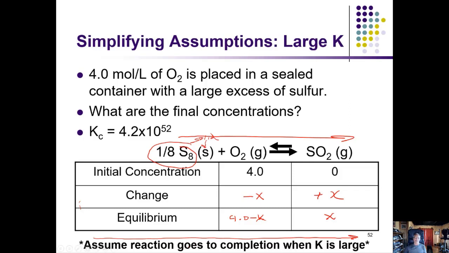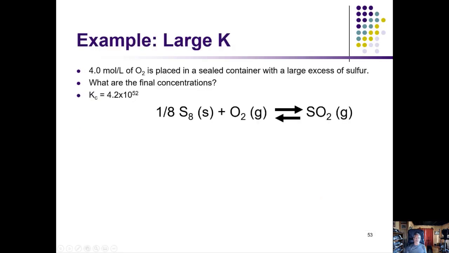So let's solve the problem and validate our prediction. So here is our reaction. We've got I, C, E. And we're not going to worry about this because, again, it's a solid and we don't include those. But this is 4 molar or 4 atmospheres.